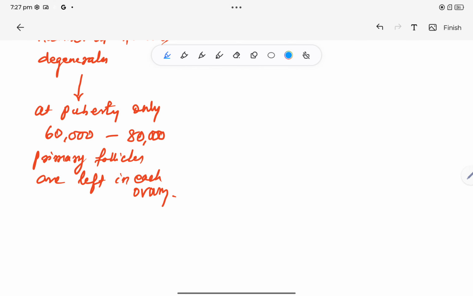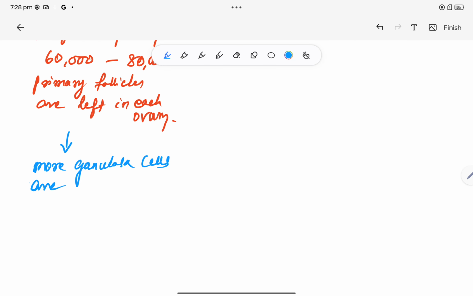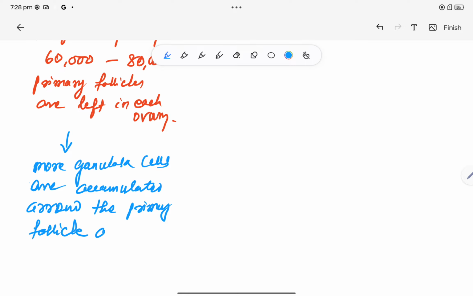So what happens now, more granulosa cells are accumulated around the primary follicle and form the secondary follicle.